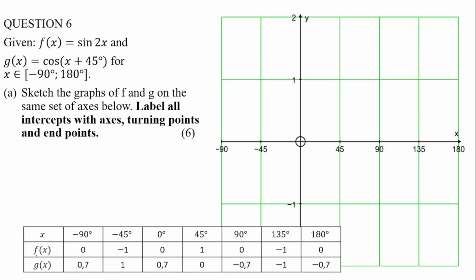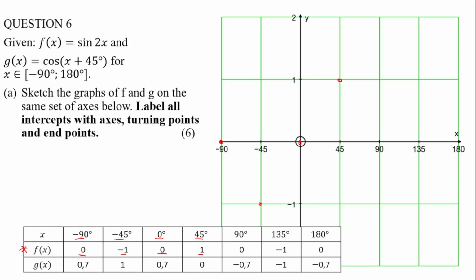We're going to use our table to sketch. These are the values that we managed to get for our two functions. Let's start by sketching f(x). At negative 90, f(x) is at 0, so it's here. At negative 45 degrees, f(x) is at negative 1, so it's here. At 0 degrees, f(x) is at 0. At 45 degrees, f(x) is at 1.